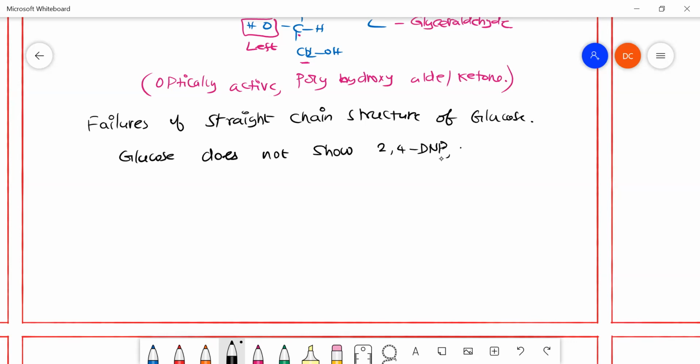And Schiff's test: glucose does not react with Schiff's reagent. Glucose does not react with NaHSO3, sodium hydrogen sulfite. All these reactions confirm glucose is not a straight chain molecule. And one more test also confirms the same: the pentaacetate of glucose.